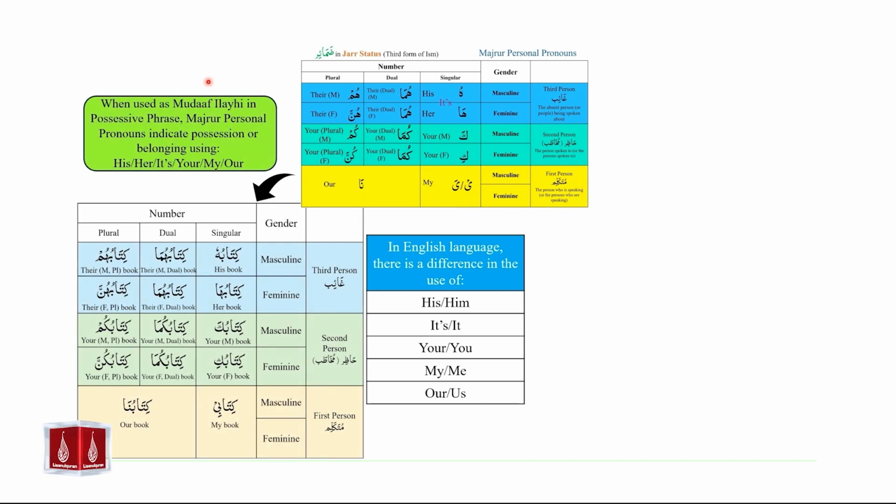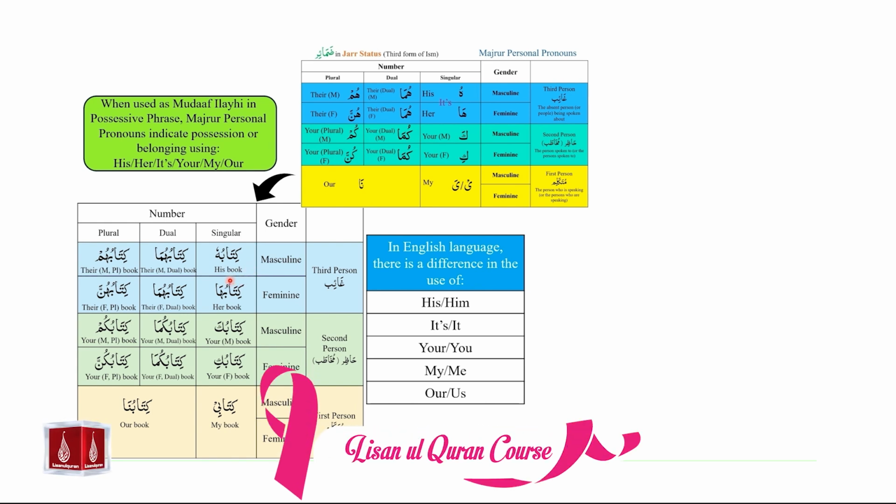When used as mudaf ilay in possessive phrase, majrur personal pronouns indicate possession or belonging using his, her, its, your, my, our. For example, kitabuhu, his book. Kitabuhuma, their book, referring to dual and masculine.